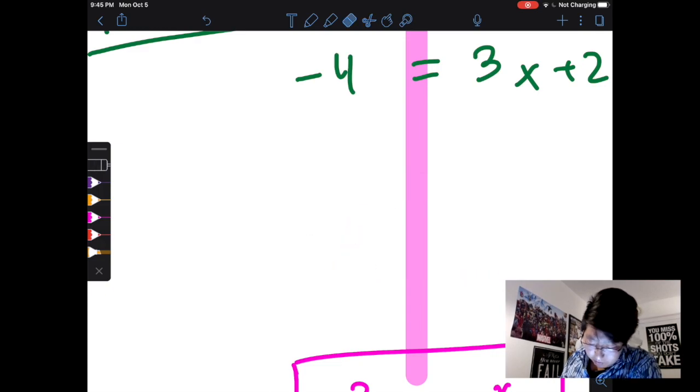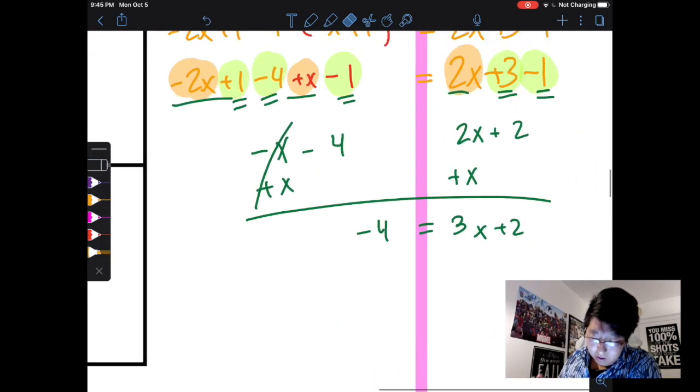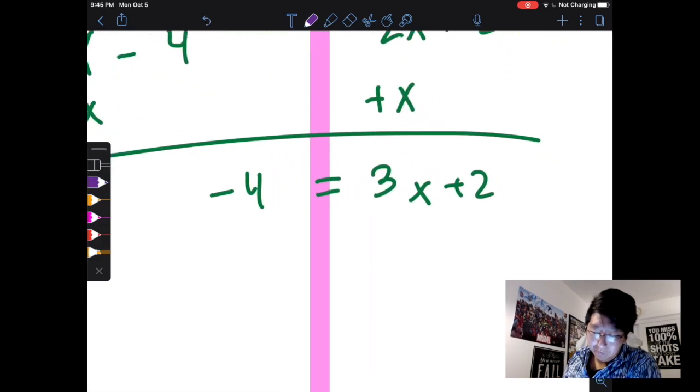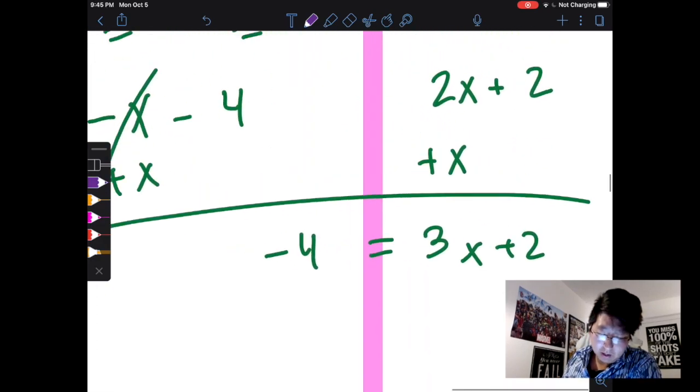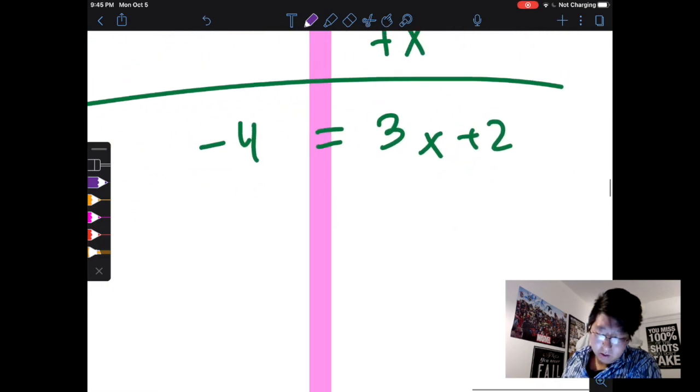Alright, my apologies. Good thing I caught that though. So here, I made a mistake. I didn't add these together earlier. I said 2 here, so I'm going to fix it from there. So as if I didn't make that mistake. Right? So now that I combine like terms and I got x's on one side, I want to get the units on the other, so I'm looking at this unit and I'm trying to get it to the other side of x.